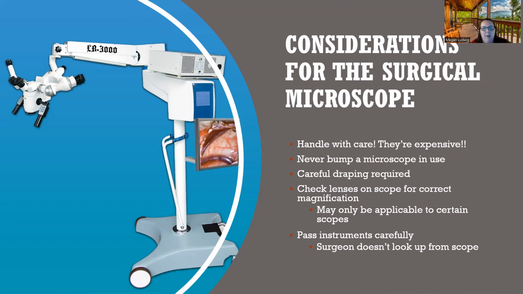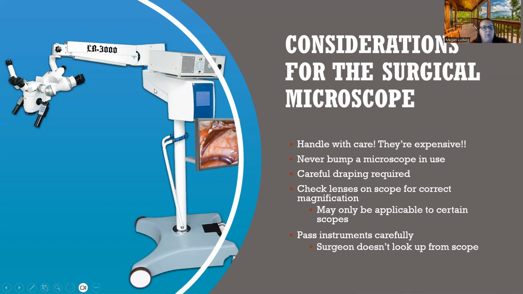All right. And then we'll talk about draping here in a few, but you got to be very careful when you drape a microscope. If this is a type of procedure that is sterile, some ear cases, depending on what it is, if we're just putting in ear tubes, my surgeons don't drape this microscope because it's not necessarily a true sterile case, even though you should still follow a good sterile technique.